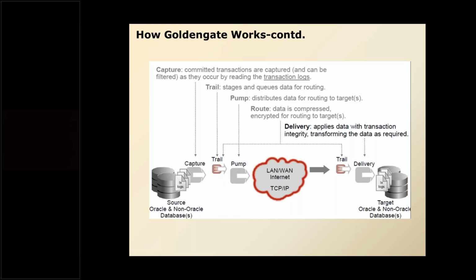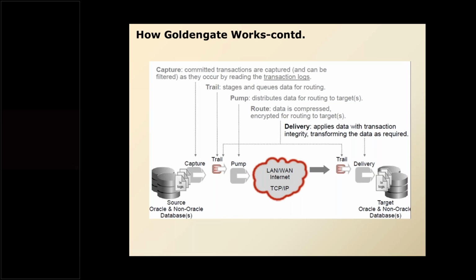Definitely not. So you have to ensure the capture process has captured it and written it to the local trail. If the capture process has captured it and written it to the local trail, ensure the pump has read it and written it to the remote trail, and only then can replicate apply it. So if capture has captured and written to the local trail, and pump has read and written to the remote trail, then move your troubleshooting to the replicate side.